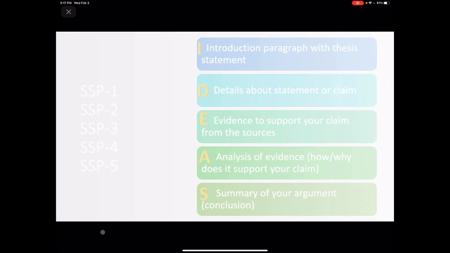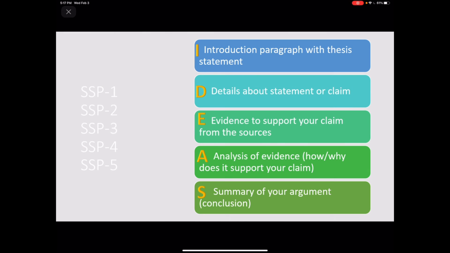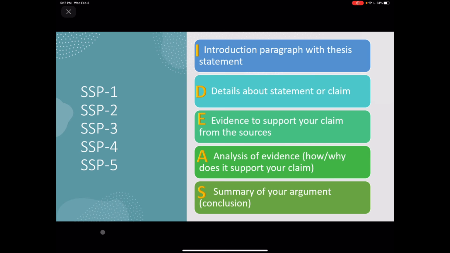All right, how in the world do these social studies practices fit into these ideas? Well, let's take a look. When you are writing your introduction paragraph, when you're coming up with your claim or your thesis statement, you're actually using social studies practice 4, where you're constructing and communicating an argument. And oftentimes you're using your historical awareness in order to make that claim.